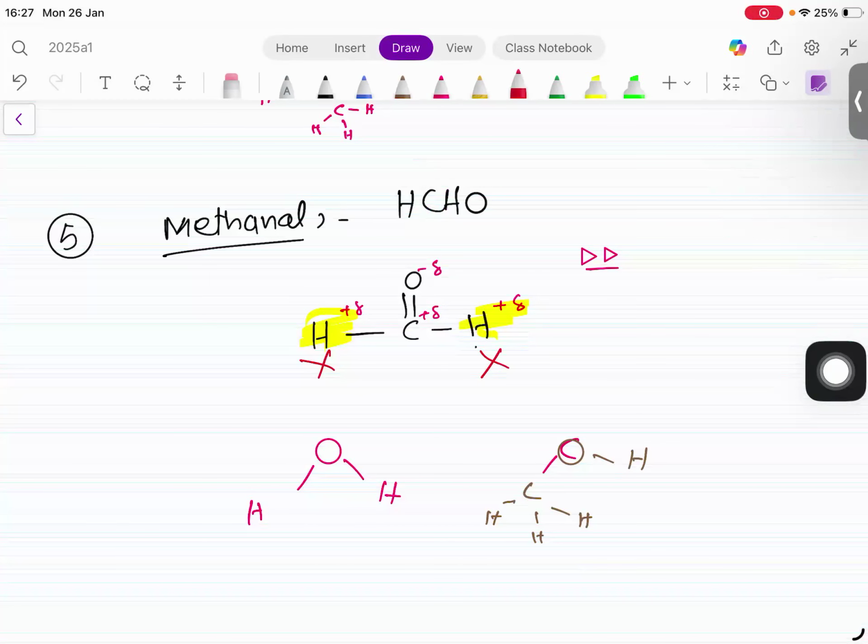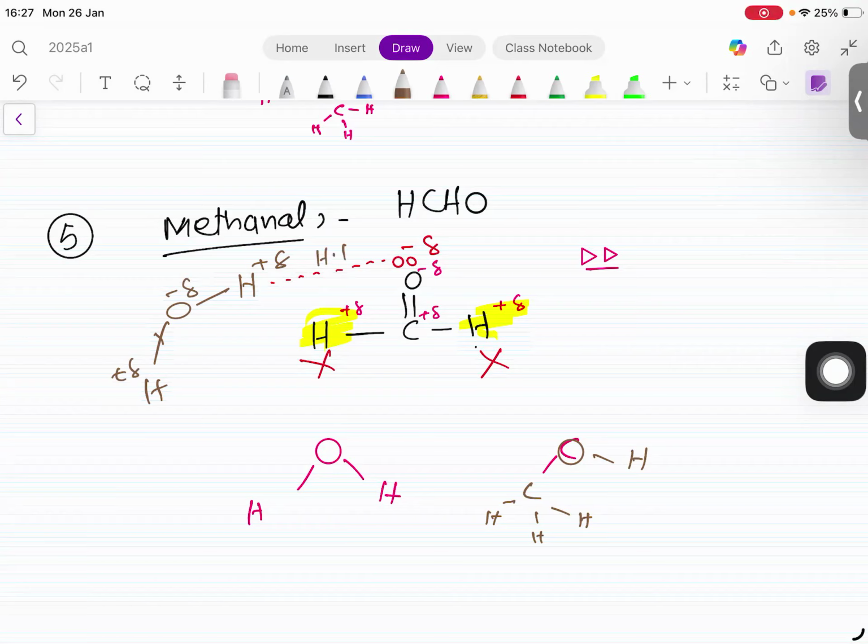No. But we can use this oxygen for the hydrogen bond. If this oxygen is attracted to the hydrogen of water, because that is the one which is attached to oxygen, then this force is what? But not the ones which are down. So when you mix it with water, it makes a hydrogen bond. That's why it is soluble in water, right?